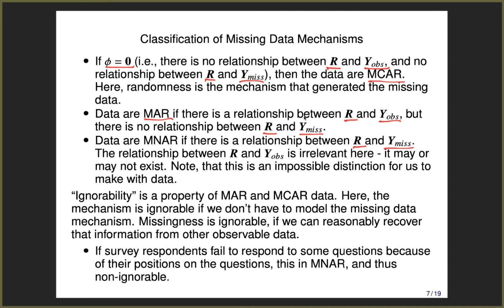So those sorts of problems are when we have missingness not at random. It's worth noting here that it basically doesn't matter what the relationship between R and Y observed is, because so long as there's any relationship between R and the missing values, we're in this classification, regardless of what other attributes exist.